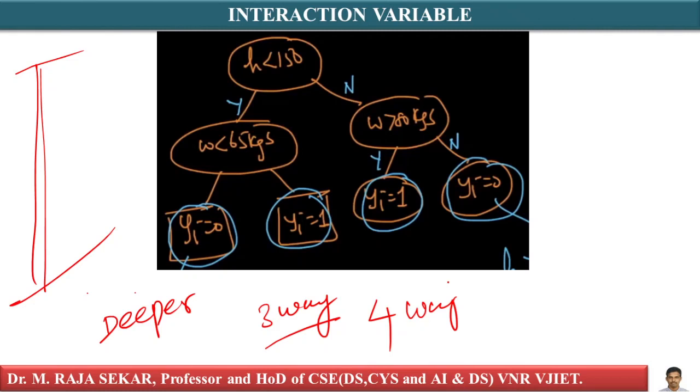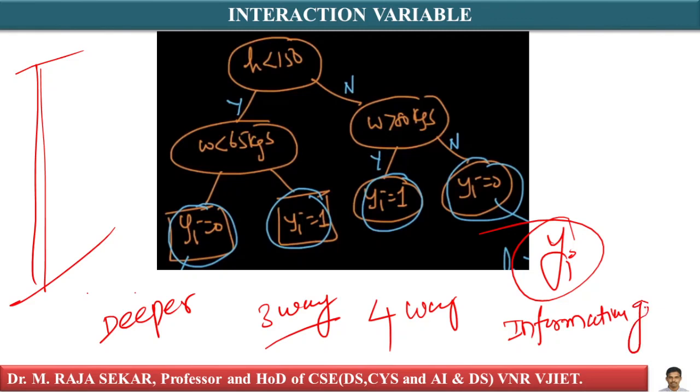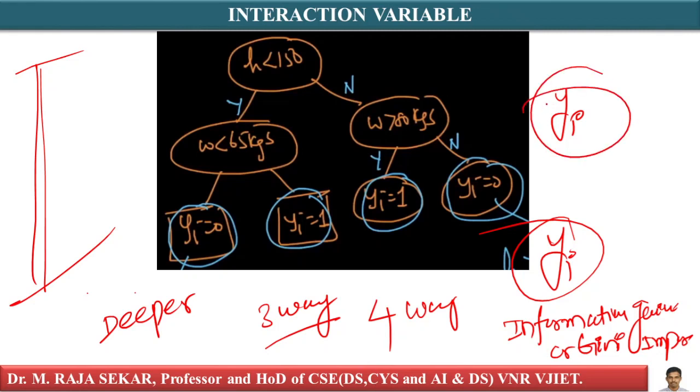The decision tree is trained to predict yi using information gain or Gini impurity, whatever it is, but it's still designed to predict yi. Hence, these interaction features are very helpful for predicting yi, isn't it?